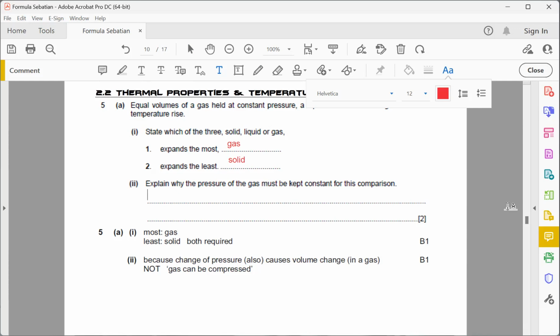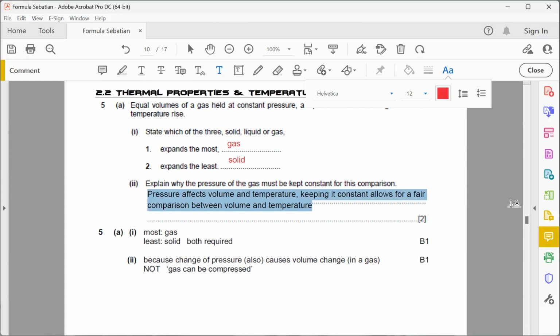So if you wrote something like pressure affects volume and temperature, keeping it constant allows for a fair comparison, something along these lines. However way you want to structure it. No exact one way.